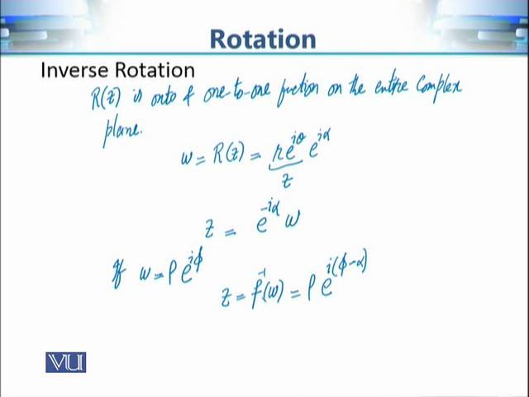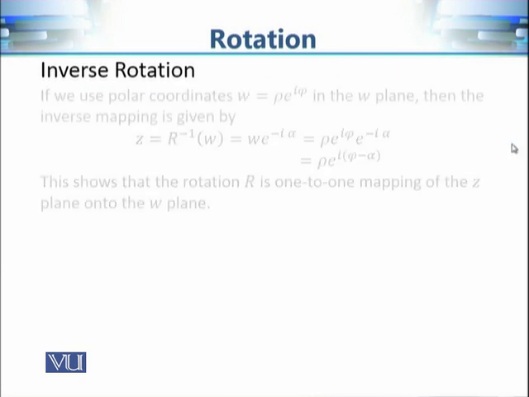And if we use the inverse transformation, we just subtract this angle alpha from the argument. In other words, we are rotating in the opposite direction of alpha. That's why we can easily observe geometrically as well that this is the inverse transformation of the rotation.